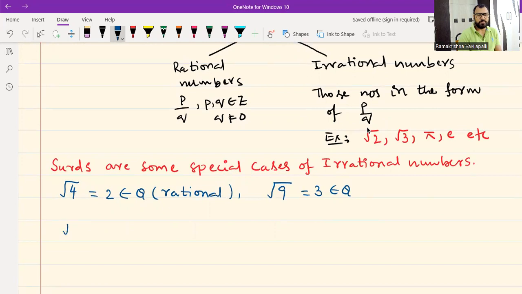Now root 2 is a surd. Cube root of 3 is a surd because it is an irrational number.